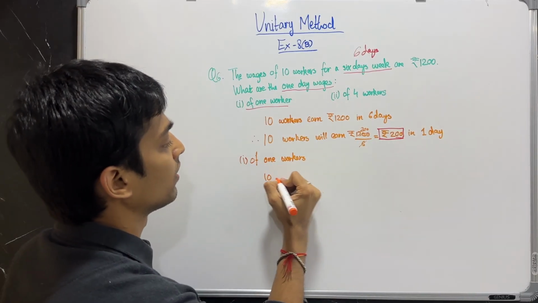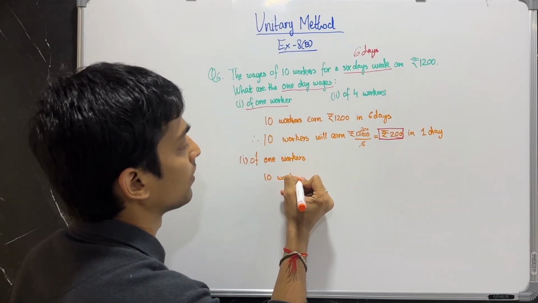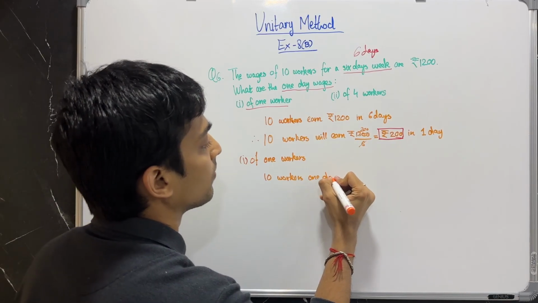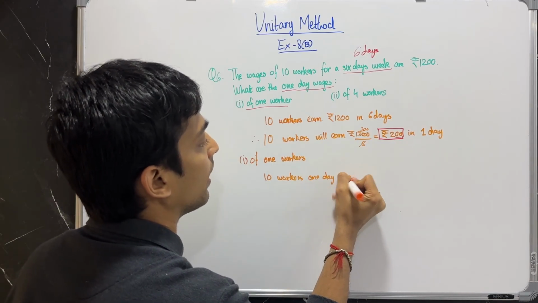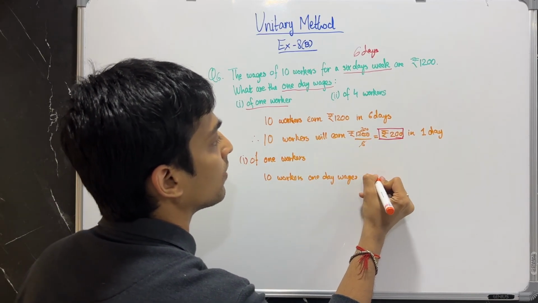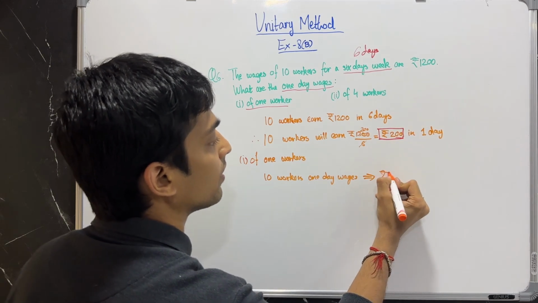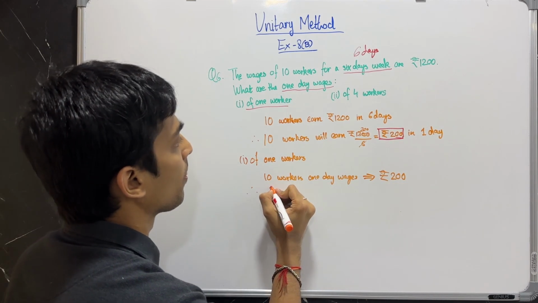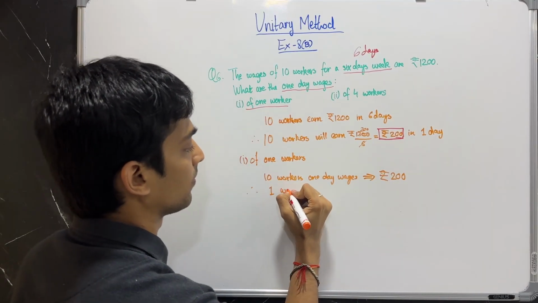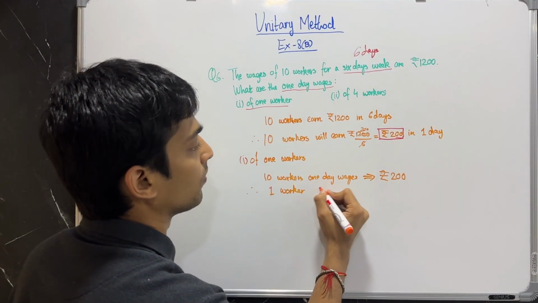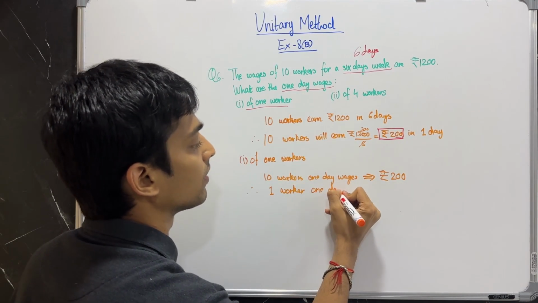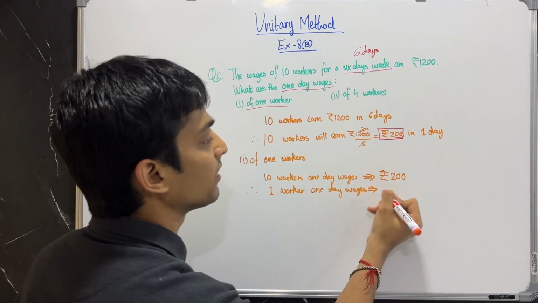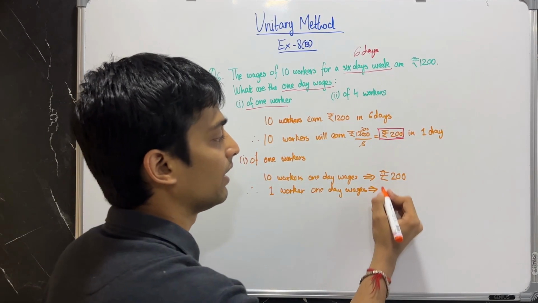So for 10 workers, 1 day wages are rupees 200. Therefore, for one worker, same thing, 1 day wages will be obviously 200 divided by 10, which is 20 rupees.